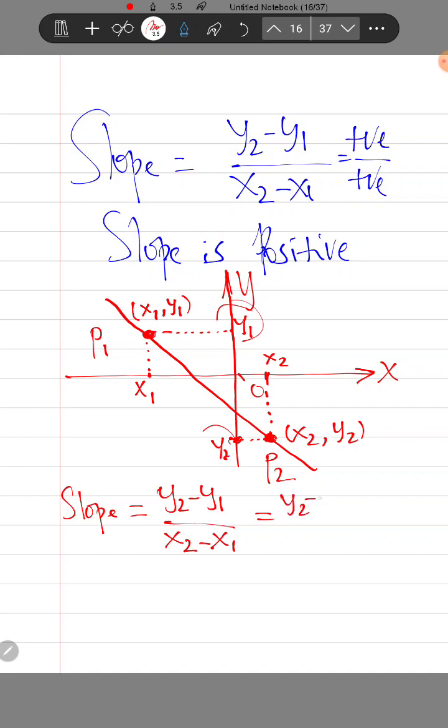So y2 minus y1, a smaller number minus a larger number, is negative, divided by x2 minus x1. Well, x2 is greater than x1, so the second one is positive. So a negative divided by positive results in negative. So the slope of a dropping graph is negative.